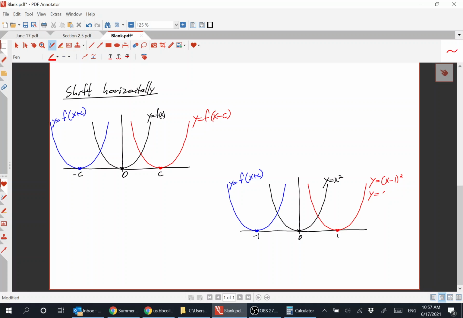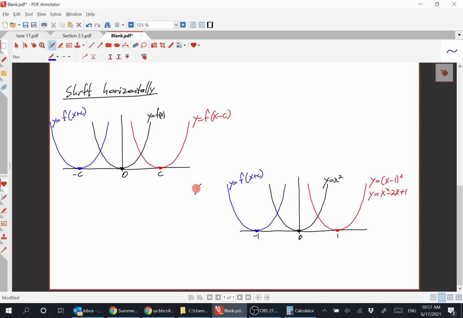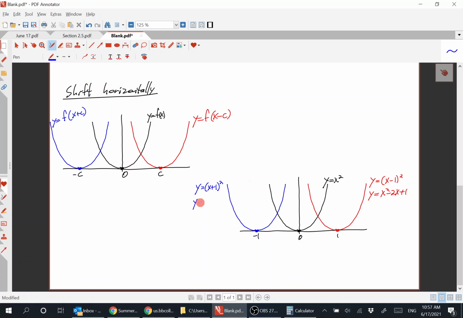So that's y equals x squared minus 2x plus 1. And the blue function is y equals x plus 1 squared. So that is y equals x squared plus 2x plus 1.